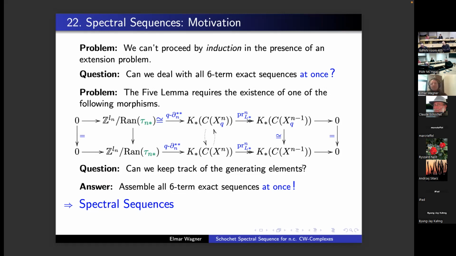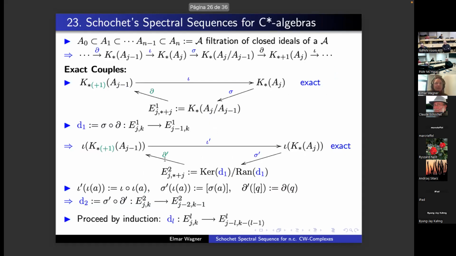I still have some hope that maybe the higher differentials give me more information. Maybe I can complete this morphism. I can find a morphism. Maybe the relations that one satisfies have to be satisfied in the other. That would be enough. We did manage, or maybe we have to give it up. I don't know. But let's have a look at what spectral sequences tell us.